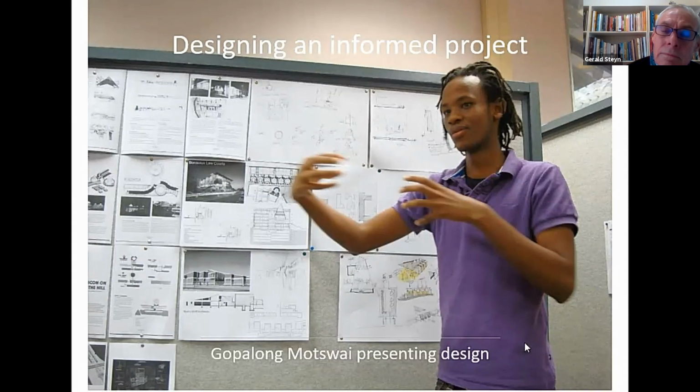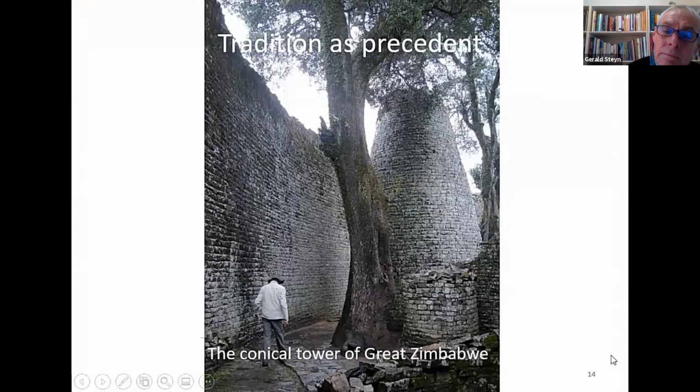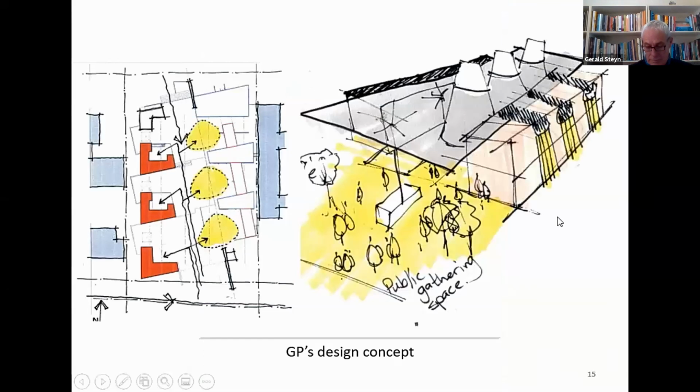He regularly visited his grandmother in the rural Limpopo province. In his design, the courtrooms are in conical shells resembling the tower at the ruins of Great Zimbabwe. Other functions are accommodated in L-shaped buildings, each with its own small court.